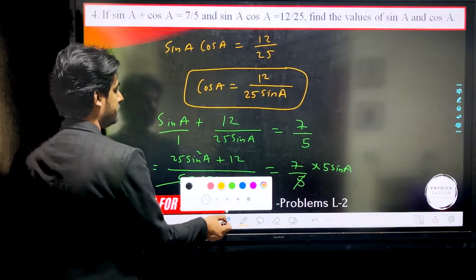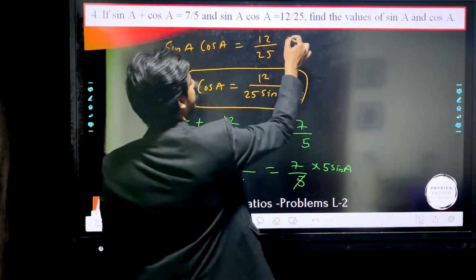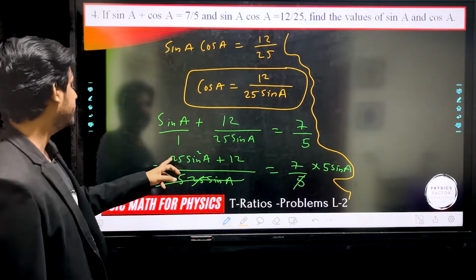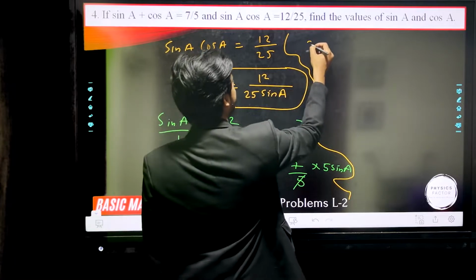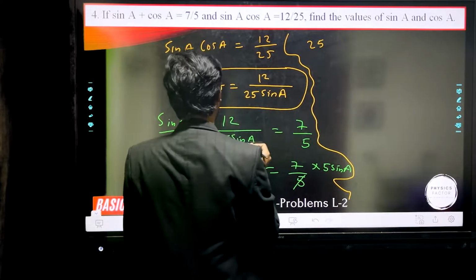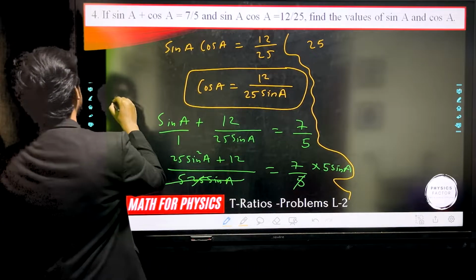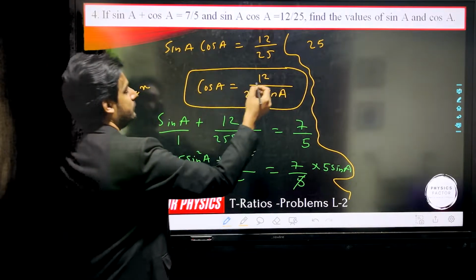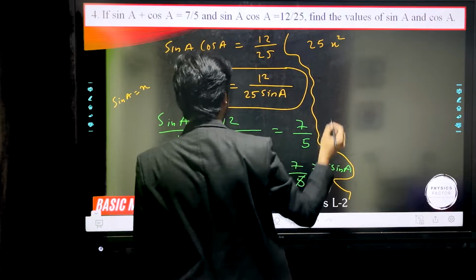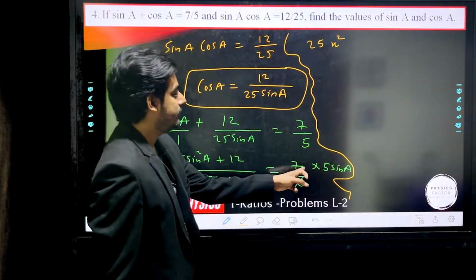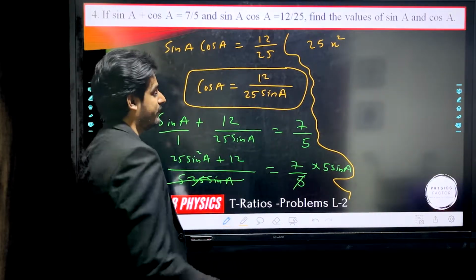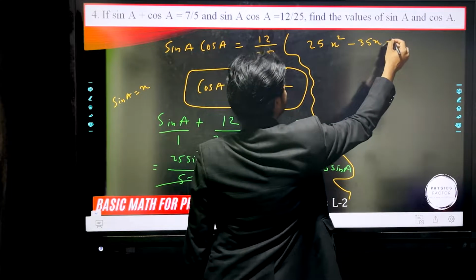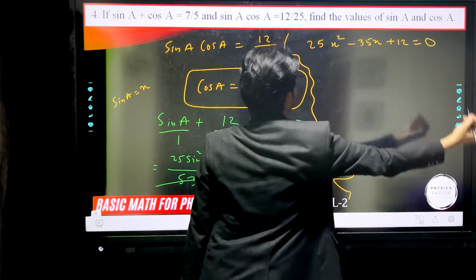To solve this you should know how to solve a quadratic. So here 25 sin square A, I'll just substitute sin A as x. So 25x square, minus 35x, and plus 12 equals 0.